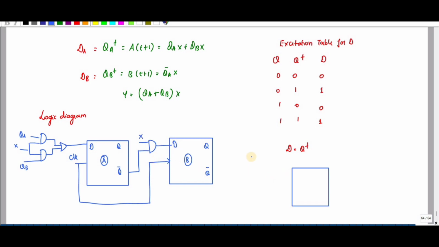For Y you don't need this part. Y is QA and QB through an AND gate, so this is your QB and this is your QA, and this is your Y. This is your logic diagram.